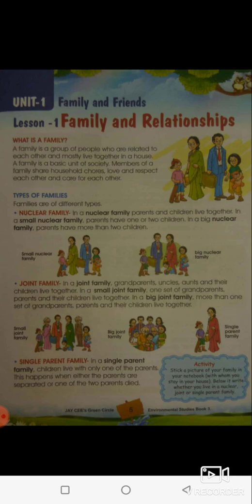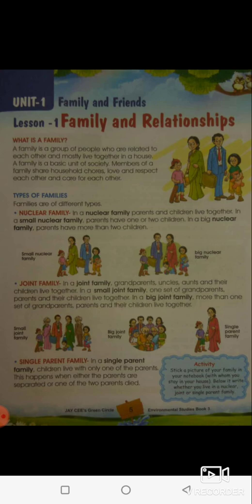They live together. That is a small joint family. Big joint family means two sets of grandparents, like from your mother's side and father's side, both grandparents live together. Your parents and your uncles, aunts, and your cousins, and yourself, these all people live together and make a big joint family.